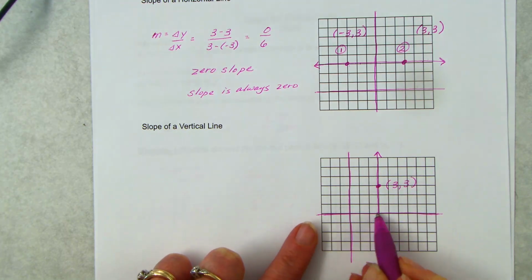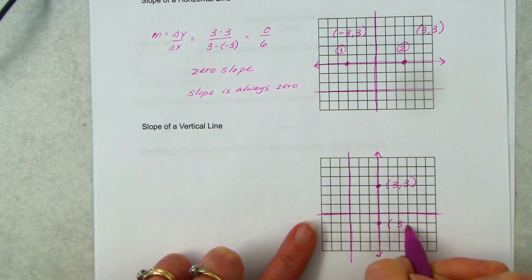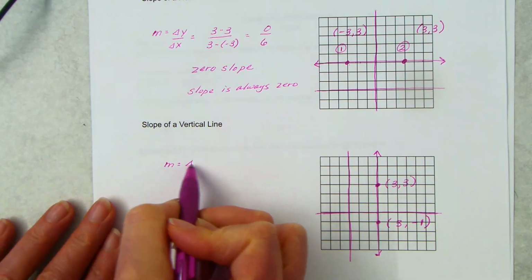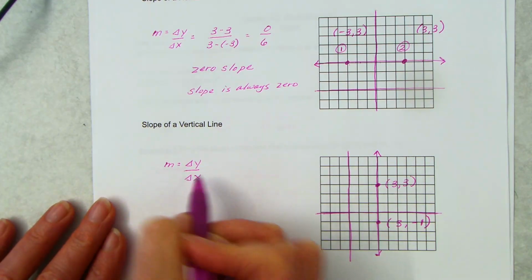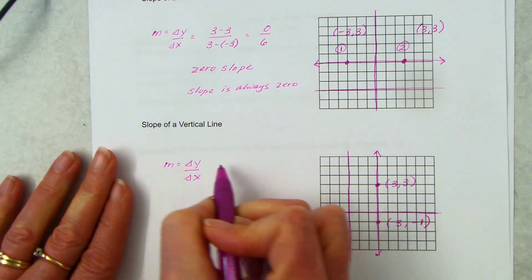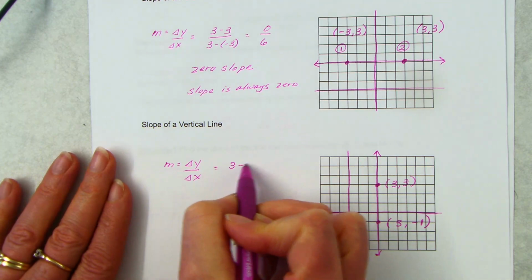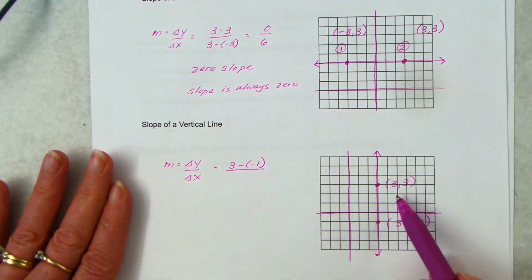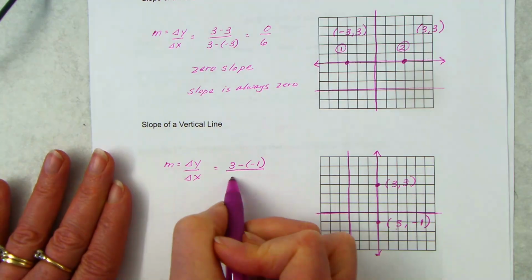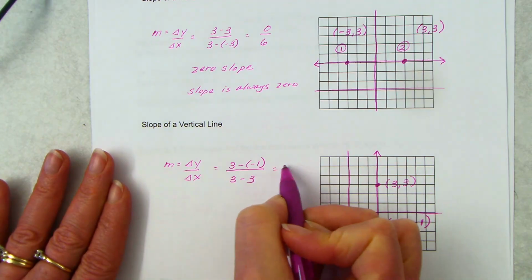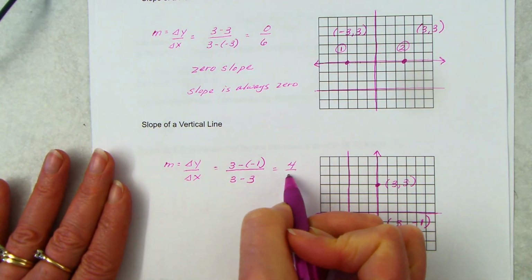And this point is 1, 2, 3, -1. Slope is the change in the y over the change in the x. It doesn't matter which one you choose, but you need to be consistent. So my y value is changing from 3 minus -1. And my x value is 3 minus 3. Three minus -1 is the same as 3 plus 1, so I have 4 over 0.